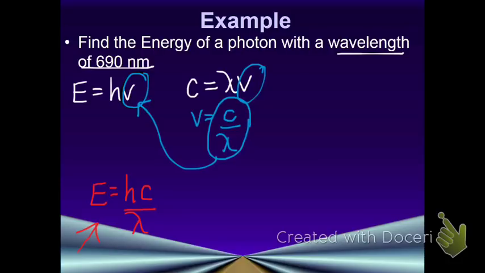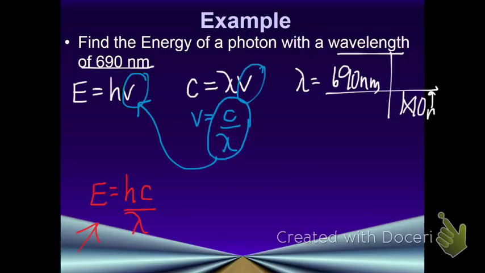So now we can plug everything in. I'm going to switch back to white so we can see it better. I know that my wavelength is going to have to be converted because it's in nanometers. So 1 times 10 to the 9 nanometers per meter. That's going to be 6.90 times 10 to the negative 7 meters. So now let's plug everything in and get our answer.